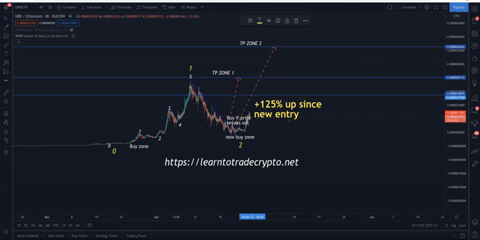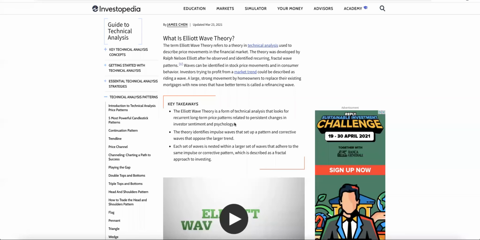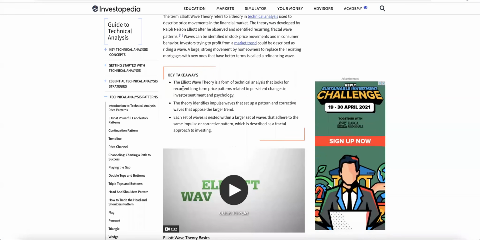So today, let us go and look at the definition of Elliott waves once again. It says here on Investopedia that Elliott wave theory is a form of technical analysis that looks for recurrent long-term price patterns related to persistent changes in investment sentiment and psychology. The theory, more importantly, identifies impulse waves that set up a pattern and corrective waves that oppose a larger trend.